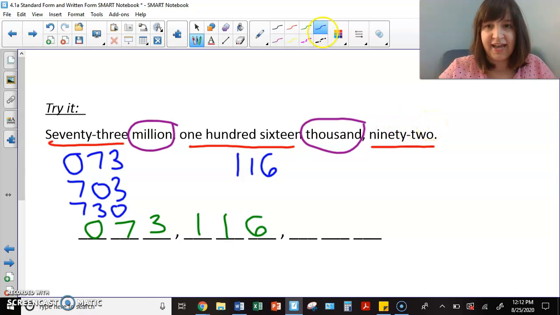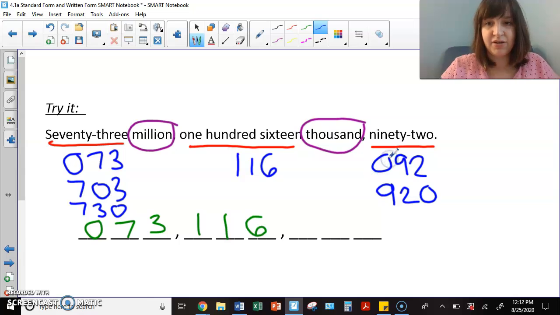Once again, I have a 9 and a 2. That's only 2 digits. I have to fill 3 places, which means a 0 is going to need to go somewhere. It can go after it, before it, or in the middle. Which one looks like 92? This one does. So I'm going to write 92 on my lines right here.